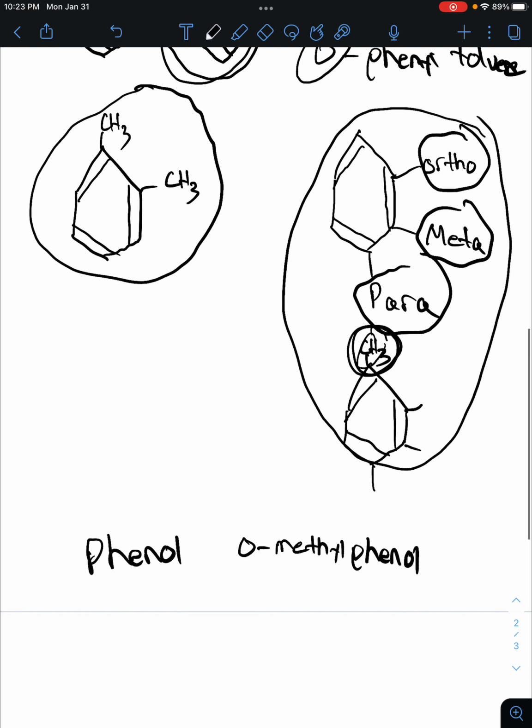So this position here would simply be ortho xylene. And if you had the second methyl group at the meta position, this would be meta xylene.